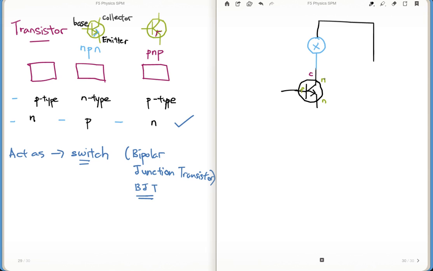Reverse bias means that since it is N, negative, you connect it with the positive terminal. So here you're going to connect it over. I'll use another color so that you can see it, positive.